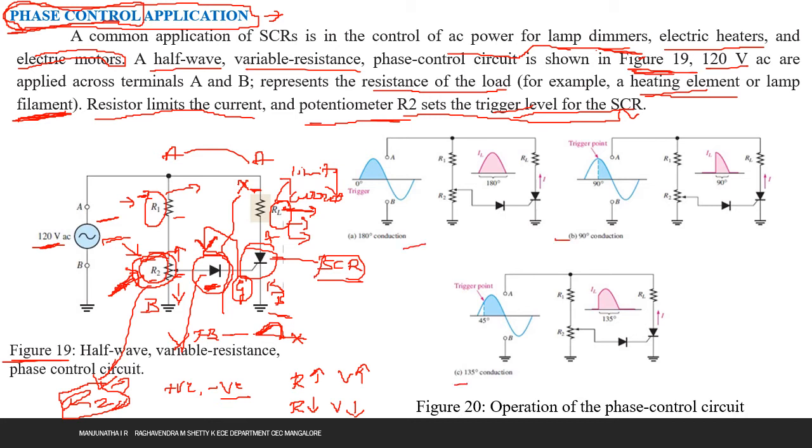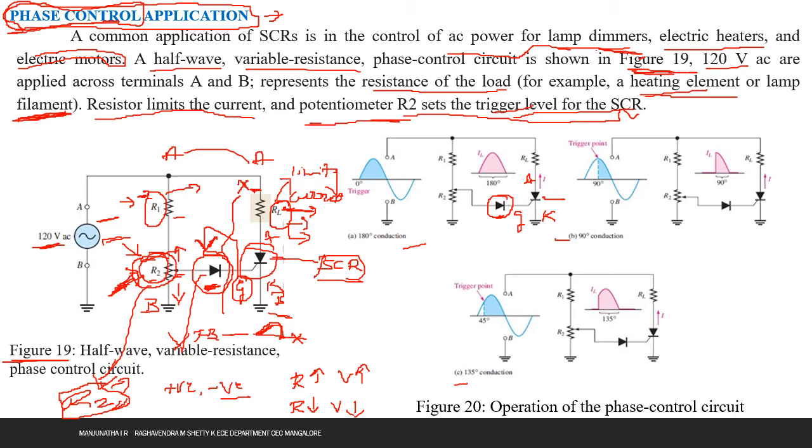So what we have understood is that this SCR can be made to conduct because of the voltage source across the anode and cathode, and the trigger pulse. This trigger pulse is controlled by the diode, and we have assumed that this diode is forward biased.